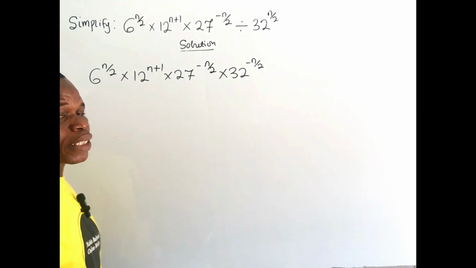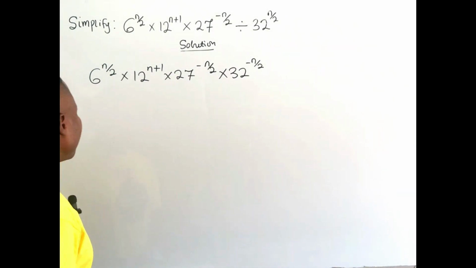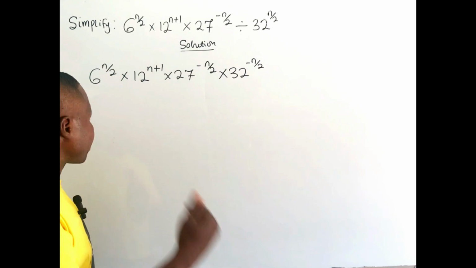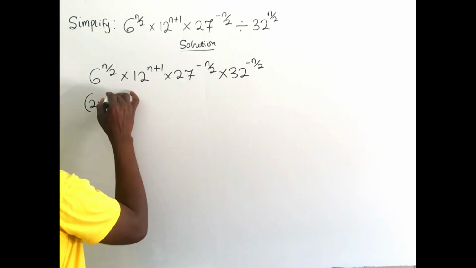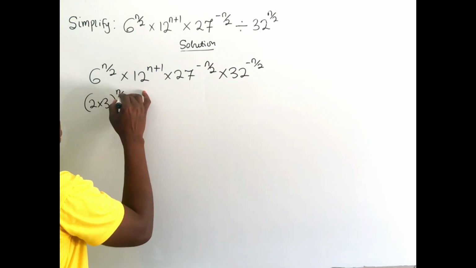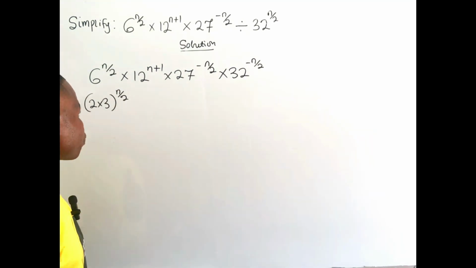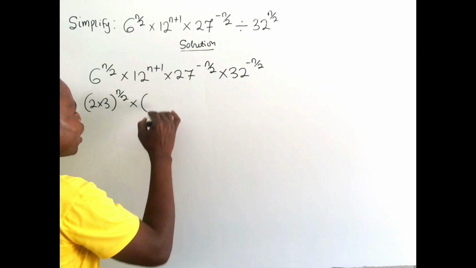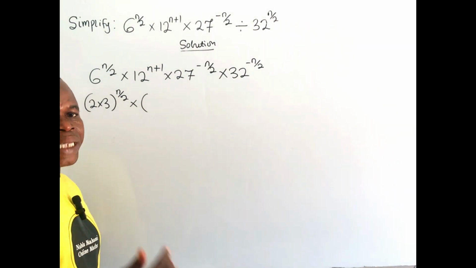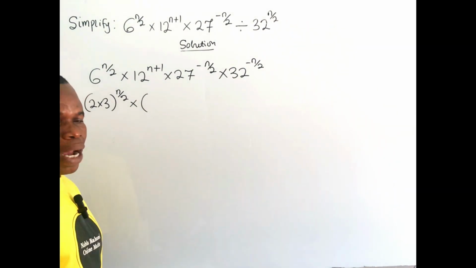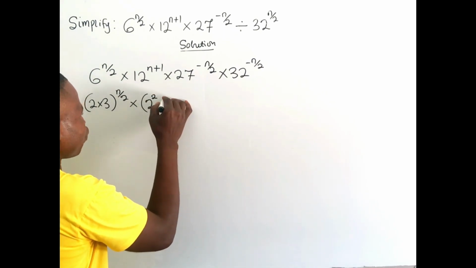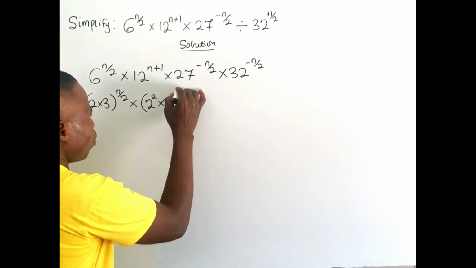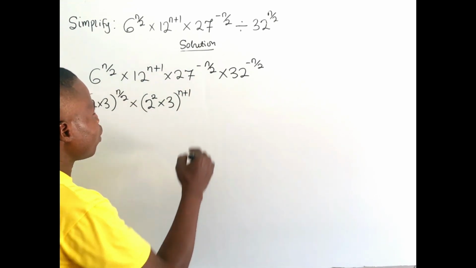This is the first step. Second step, you see that this 6 can be expressed as 2 times 3, which is the same thing as 6. Then I'll bring its common power, which is n over 2. Times, you see that 12 can be expressed as 4 times 3, and 4 can be expressed as 2 times 2. So here I can quickly write 2 squared, which is the same thing as 4, times 3, all exponent n plus 1.